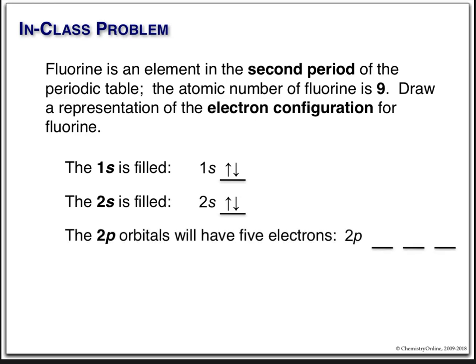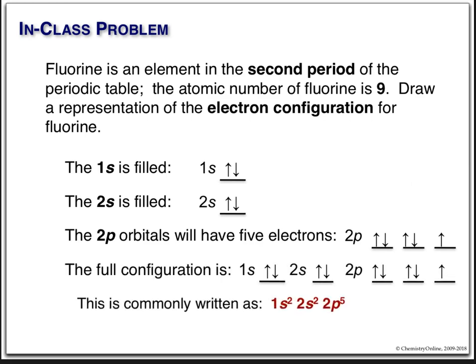We have 3 p orbitals, and we have 5 electrons. Hund's rule tells us these go in one at a time. We have 2 more electrons left over, don't we? Now we start to pair them with opposite spins. And that is fluorine.